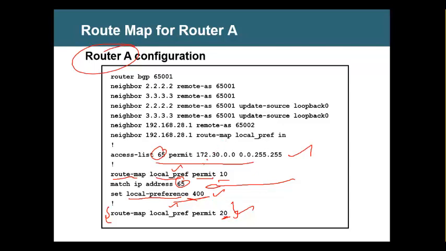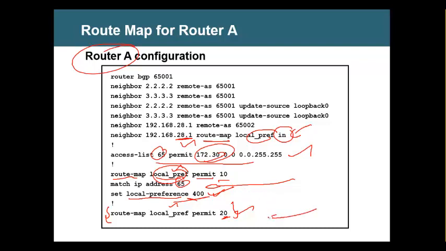Listen, we are going to bind this with X. We are saying when I am receiving the update from X, check the route map. If the update contains 172.30, then put 400 for that network as a local preference.